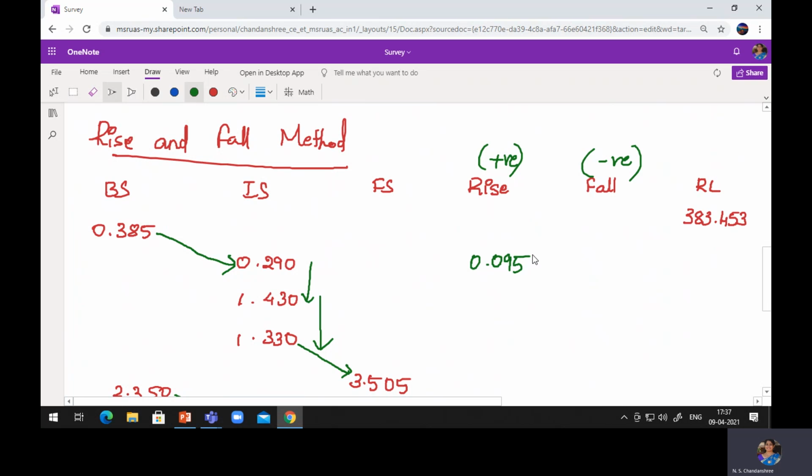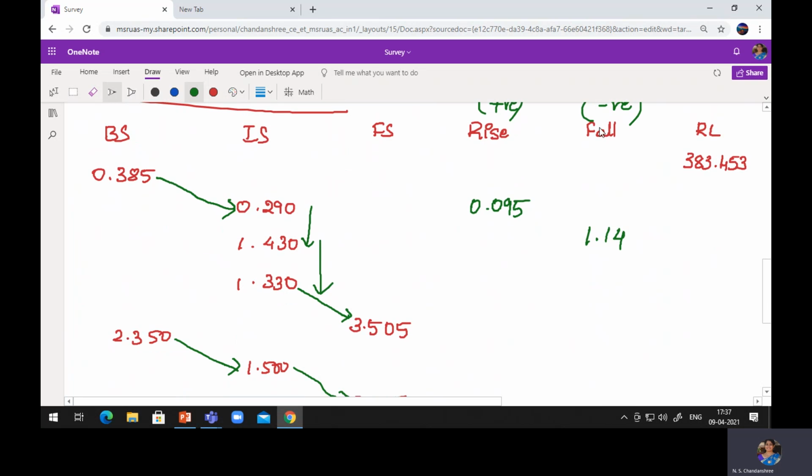Next column, 0.290 minus 1.430. So we get the answer as minus 1.14. We will write it here in the fall column. All the negative values have to be written in the fall column, all the positive values in the rise column.